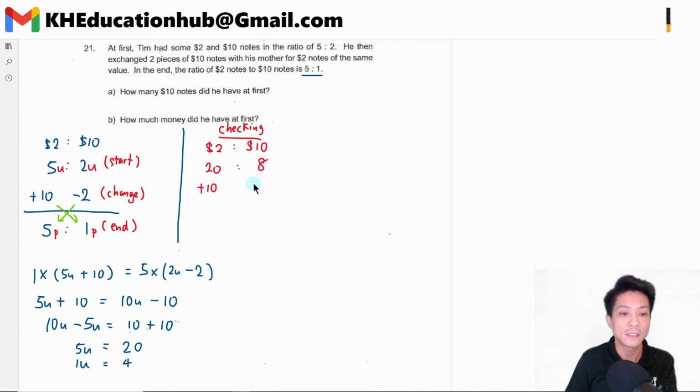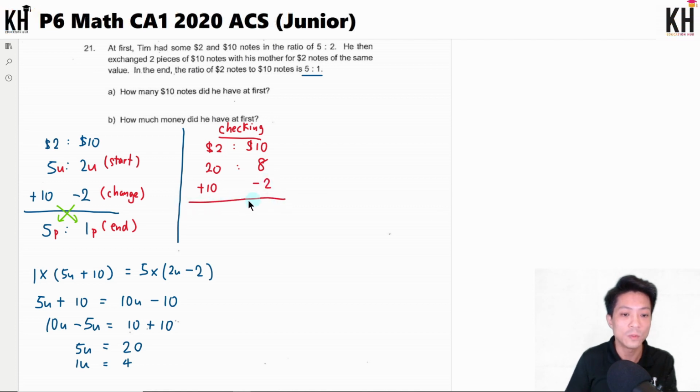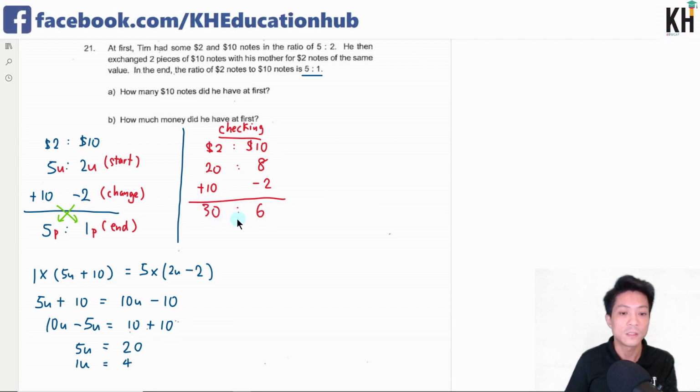If I plus 10 and if I minus 2, I'll be left with 30 is to 6. Changing to simplest form, I'll get 5:1. So everything tallies with the ratio at the beginning.